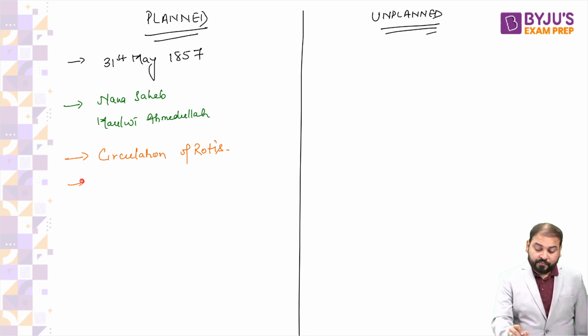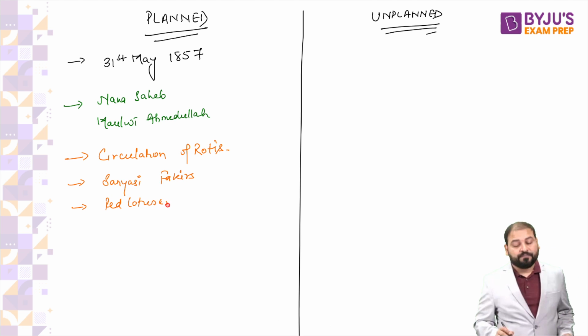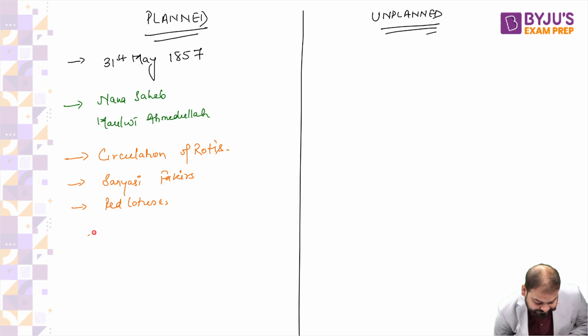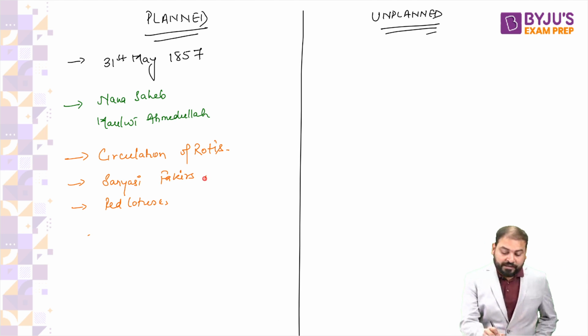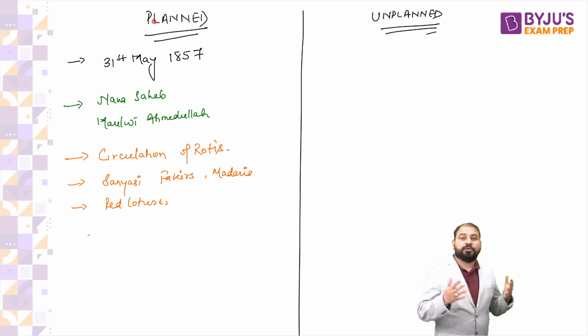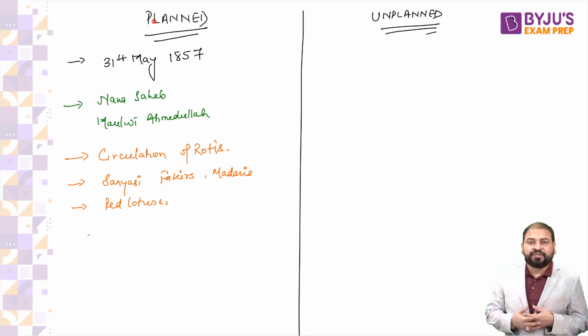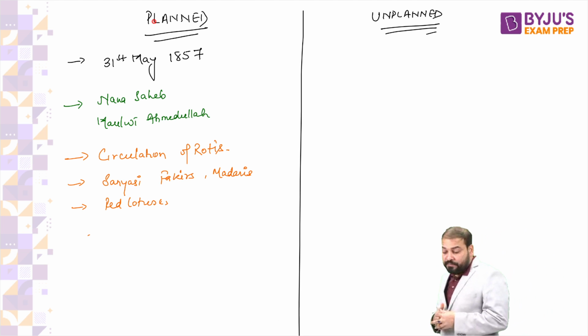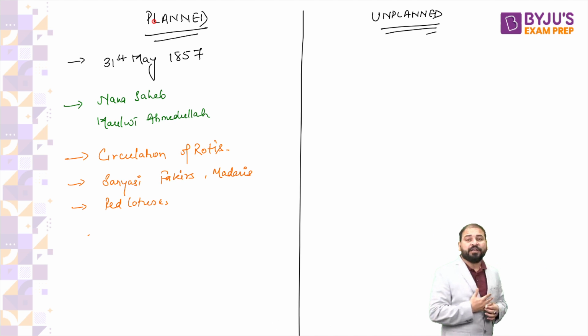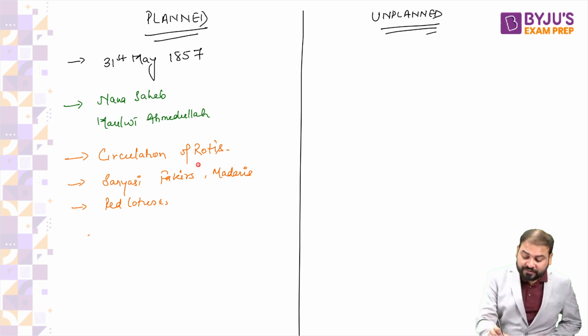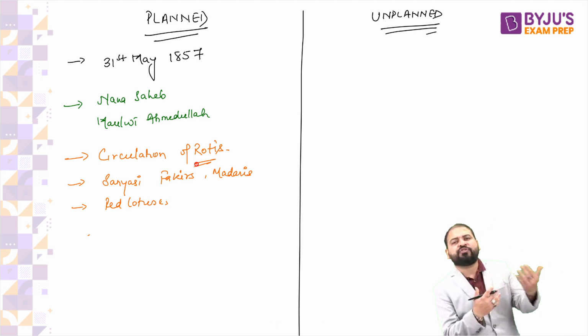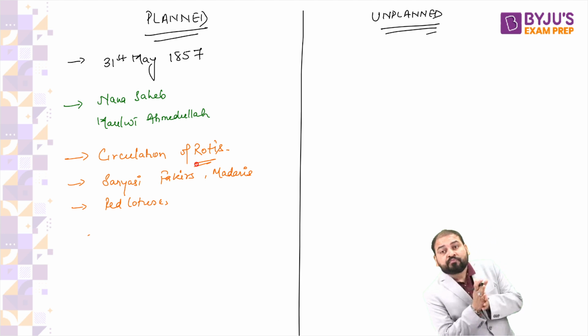They said sannyasis, fakirs, red lotuses, madaris. Guys, even some Britishers have said that they don't know exactly, but just before 1857, suddenly they could sense that there was a lot of exchange of rotis that was happening.